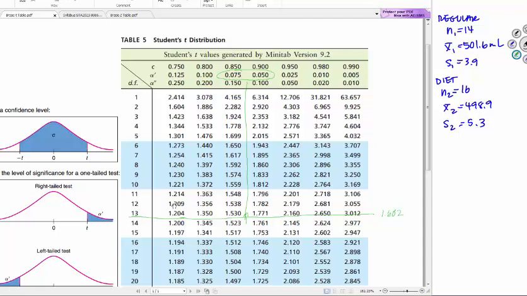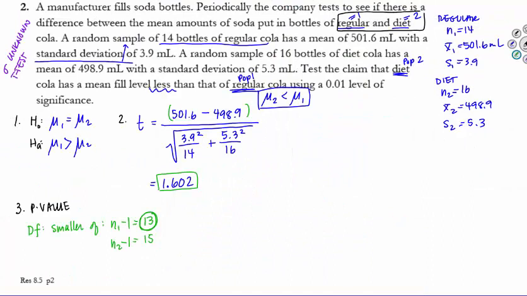We don't quite get to 0.05, because 1.77 is exactly 0.05, and we are not at 1.77, we're only at 1.602, so our p-value is less than 0.075 but bigger than 0.05. So between 0.075 and 0.05.